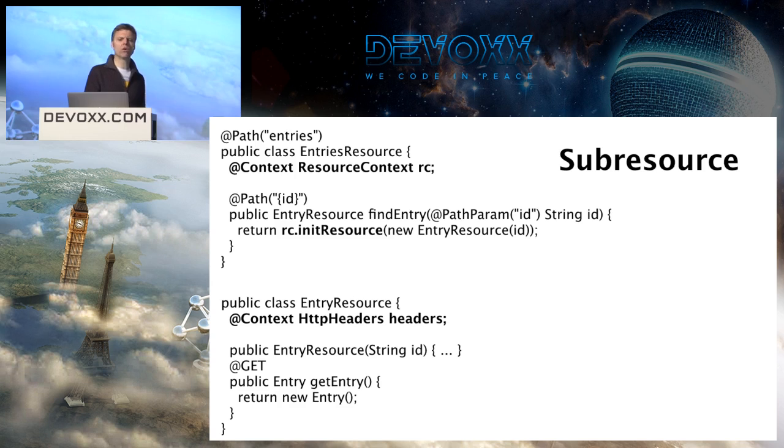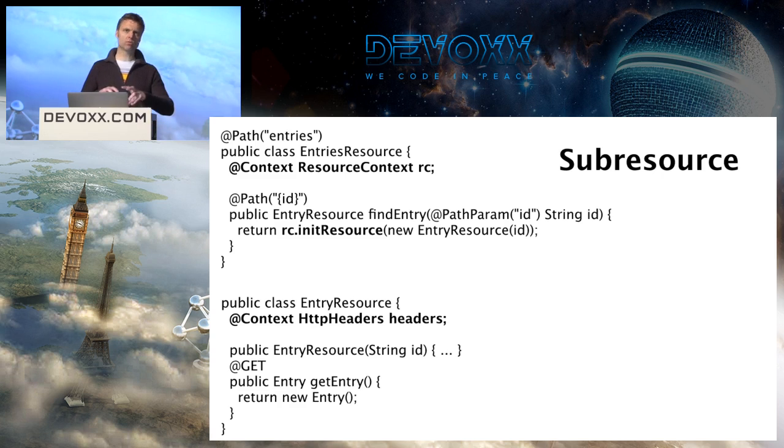And what you can do now is you have a new injectable class resource context. And the resource context has two methods. One is called init resource, that allows you to initialize a new instance. So this init resource will take your instance and make it managed by the JAX-RS runtime, and also apply this managed instance to the current request context.